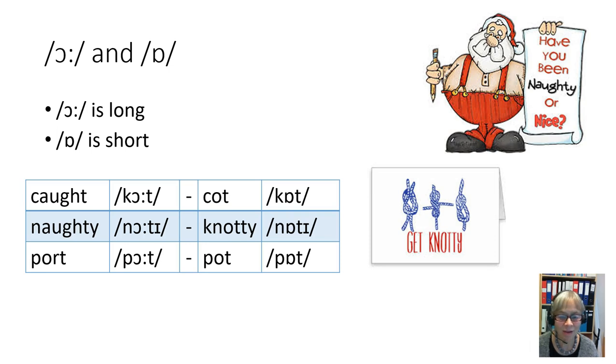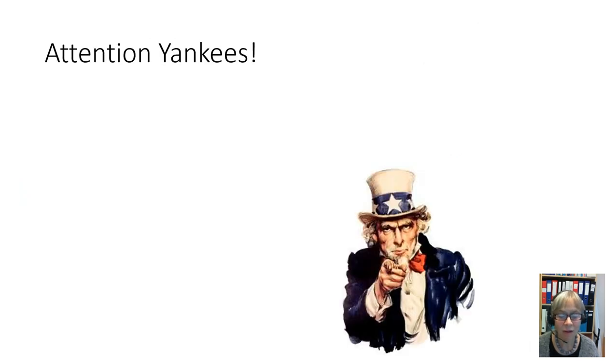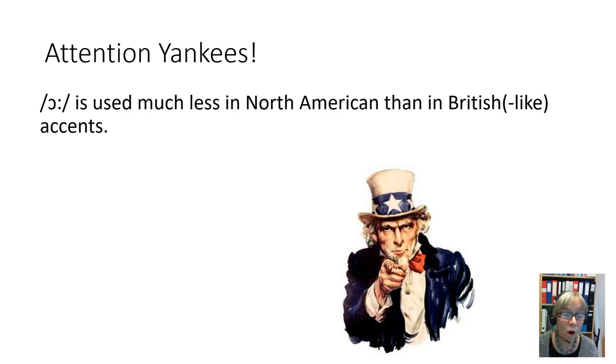Asks Santa Claus. However, attention, those of you who speak with a slight American accent or a broad American accent, or if you listen to somebody who speaks with an American accent, you may want to know this. The long aw is used much less in North American than in British and British-like accents.